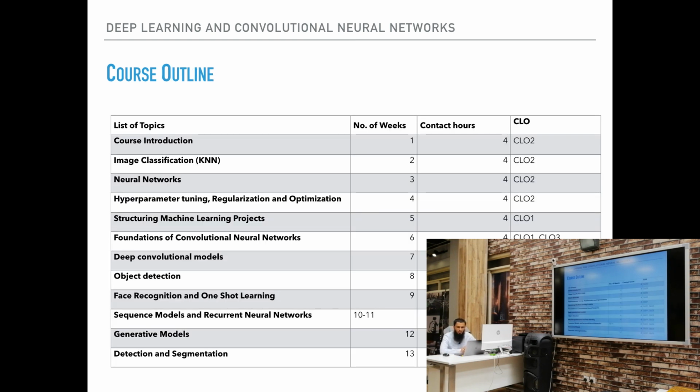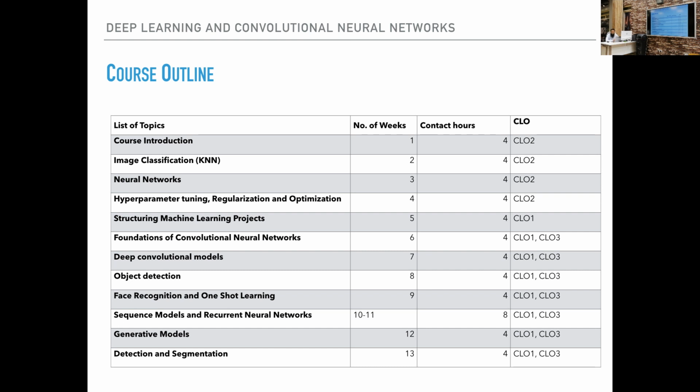So this is our course outline. Starting from today, we're going to make an introduction about the course, give some motivation for deep learning, and cover the different categories of deep learning applications. We will also perform very simple image classification using the KNN algorithm.